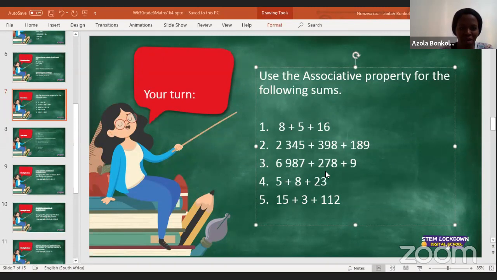Thank you, Tepang. Tepang did it on the chat box. And then the correct answer will be 36. I see Olwetu also has completed it on the chat box. We have 36. That's the correct answer.